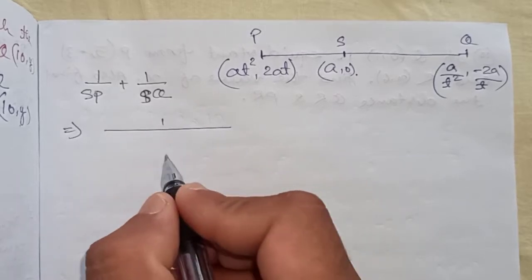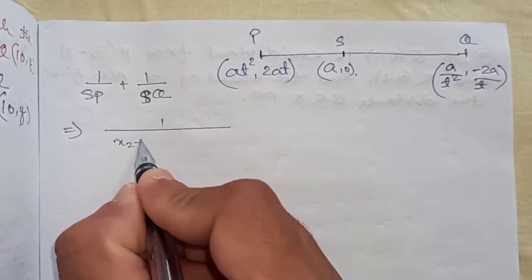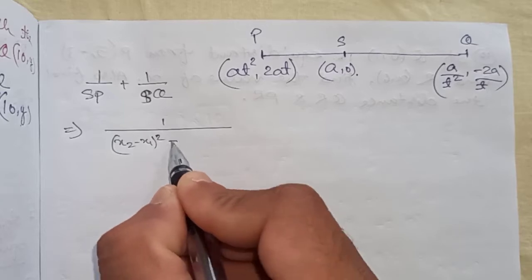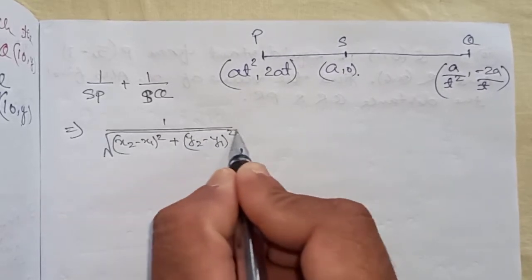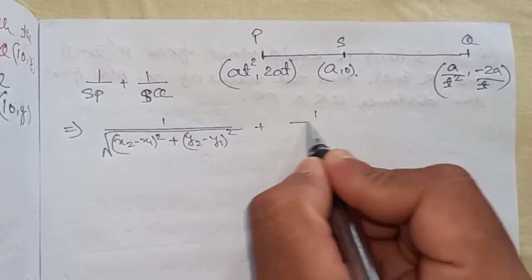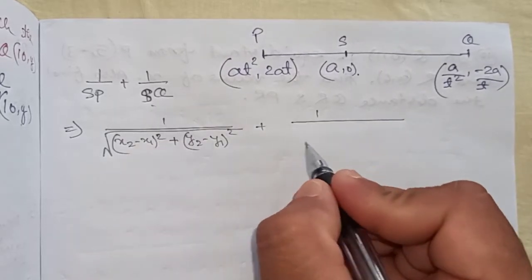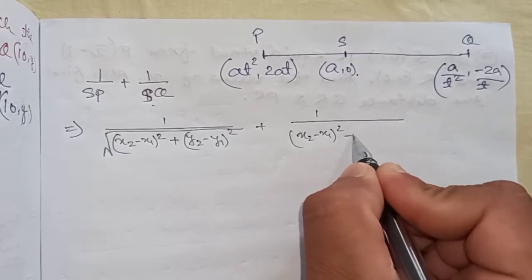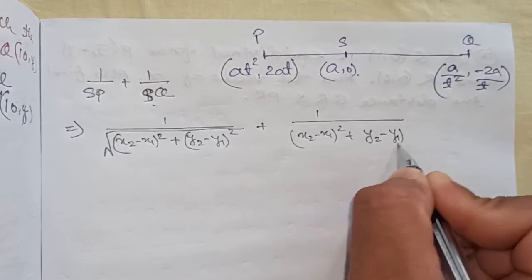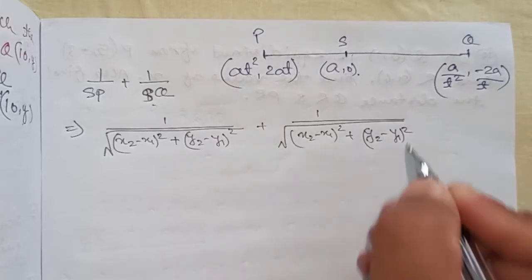So 1 divided by square root of (x2 minus x1) whole square plus (y2 minus y1) whole square, plus 1 divided by the distance formula of SQ, which is square root of (x2 minus x1) whole square plus (y2 minus y1) whole square.